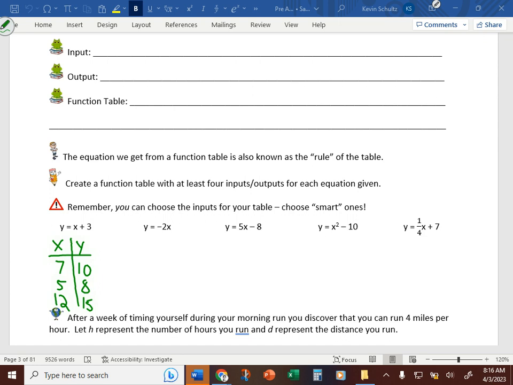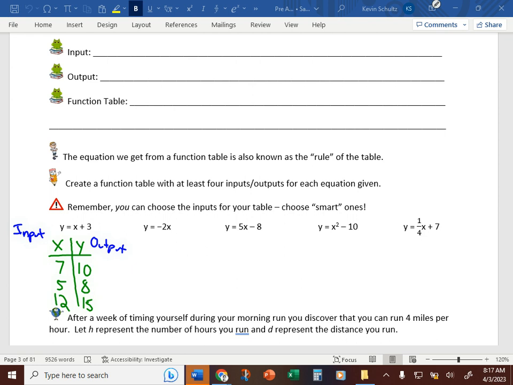So what we made here is a function table, also called an input-output table. The input, the x value there, is kind of what we picked, what we plugged into the equation first. It's what we put into the equation. And what we got out of it, the y value, we would call the output.